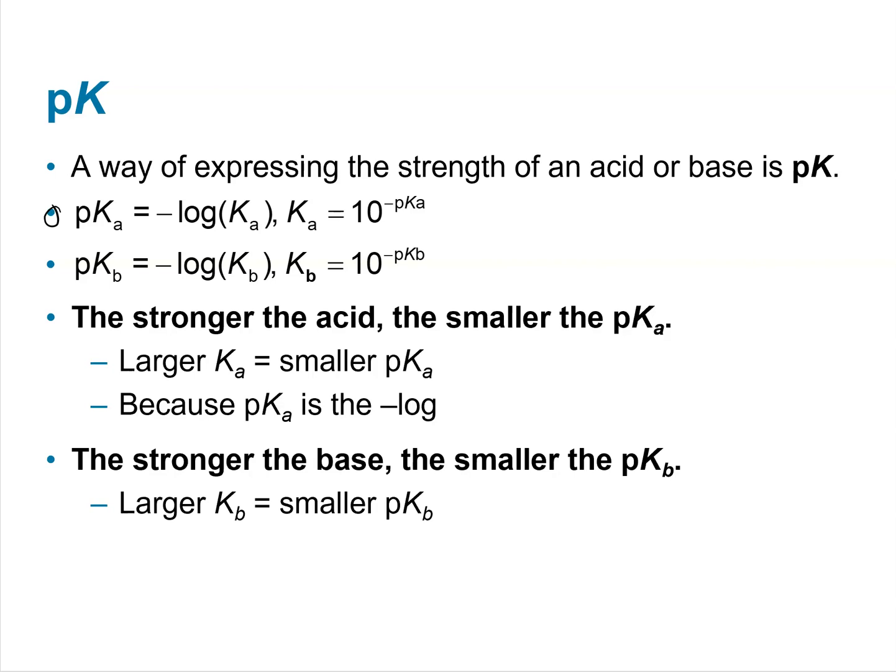And this can actually work intuitively for you if you think that lower pH is more acidic. So in this regard, it actually is in line with that rationale, where the smaller the pKa, the stronger the acid. Conversely, the stronger the base, the smaller the pKb.